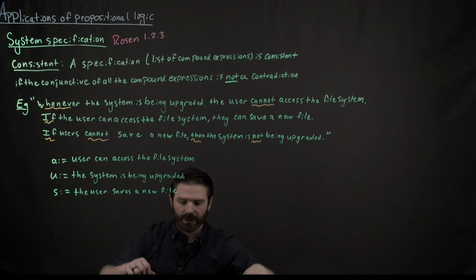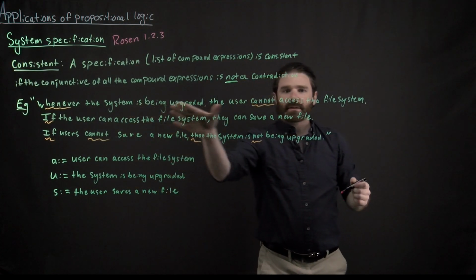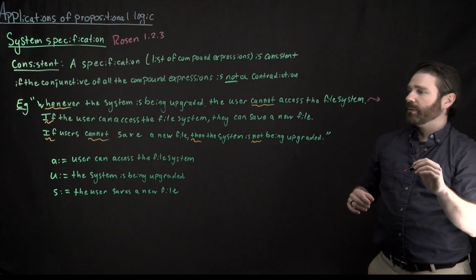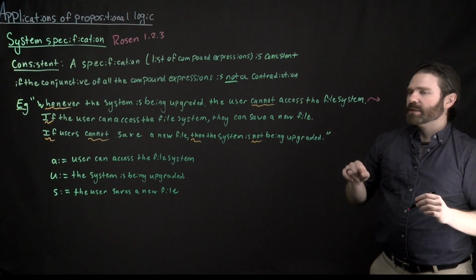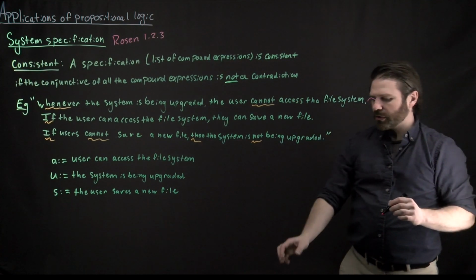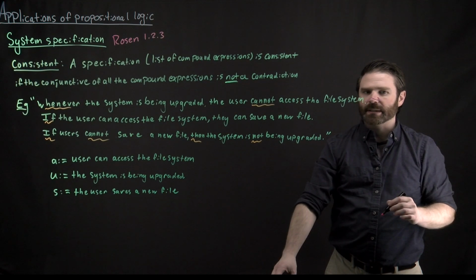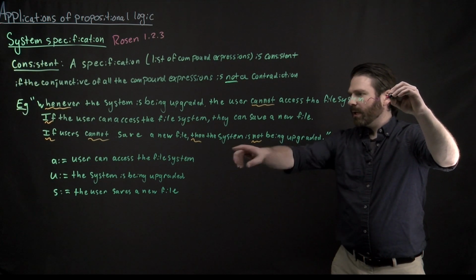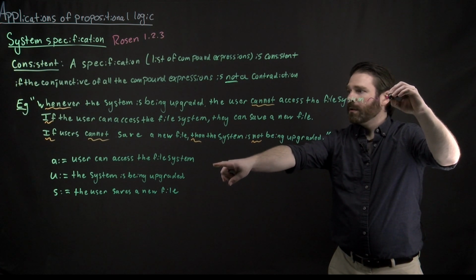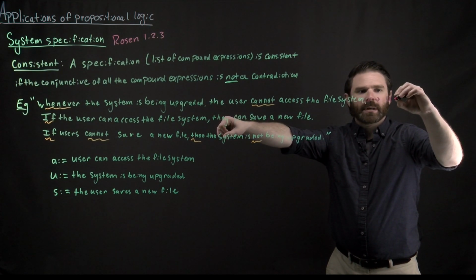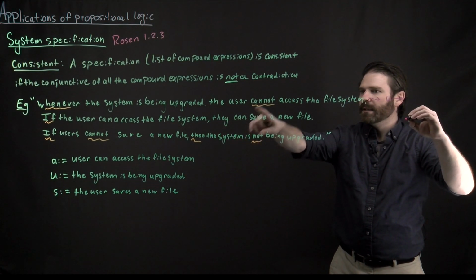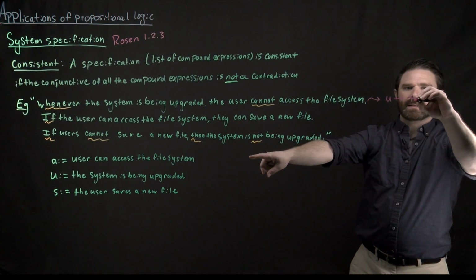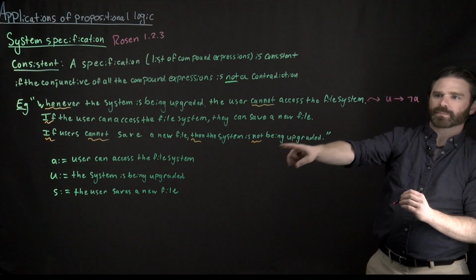So in particular, this very first compound expression right here, I could rewrite it in the following way. When the system is being upgraded, the user cannot access the file system. So I could represent that as, well, the system is being upgraded implies the user cannot access the file system right here.